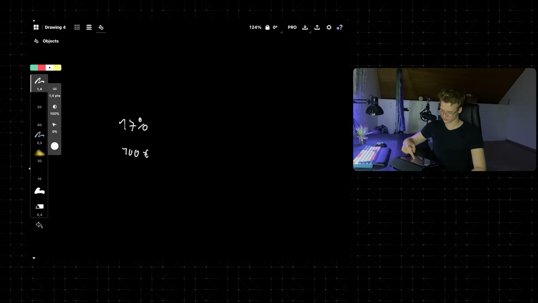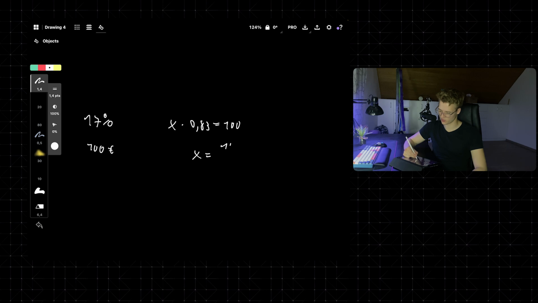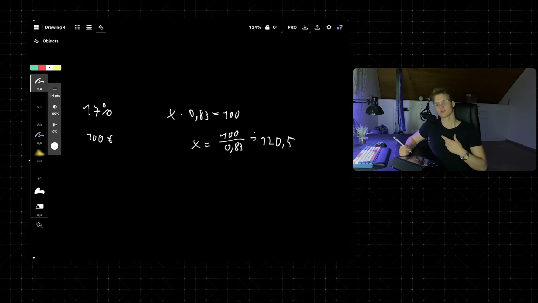Well, so X times 0.83, these two numbers together should add up to 100, is going to be 100. So X is going to be 100 divided by 0.83, which is going to be 120.5 approximately, but it doesn't really matter. So you can see it's much easier to flip them around.